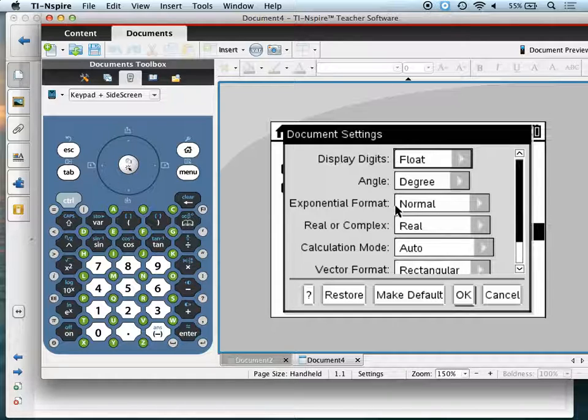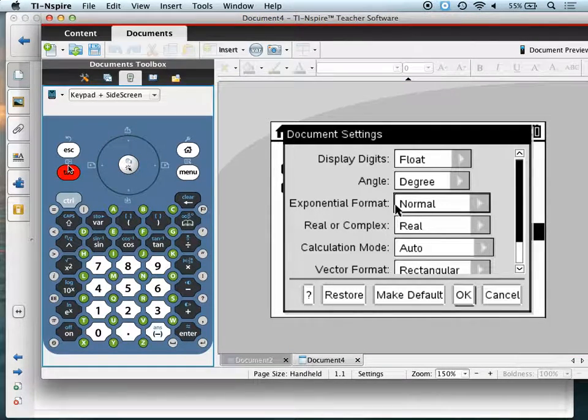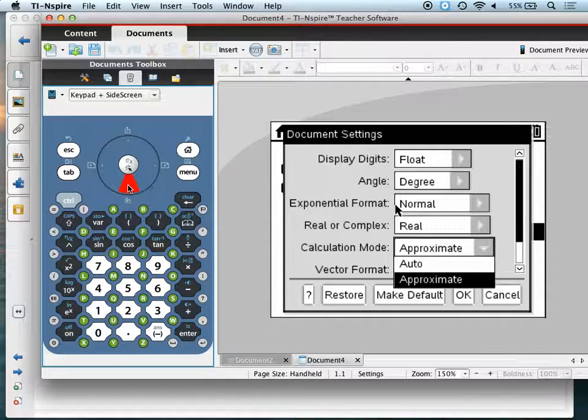So I like to have mine on float. My angles in degrees, that's okay. Exponentials, okay. I'm going to tab down. The one that I want is calculation mode. I'm going to change auto to approximate. What that does is it's going to give us the entire decimal for us to round. It's not going to give us the fractional answer.